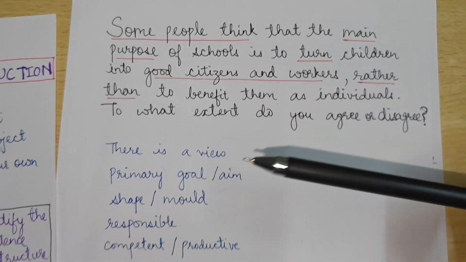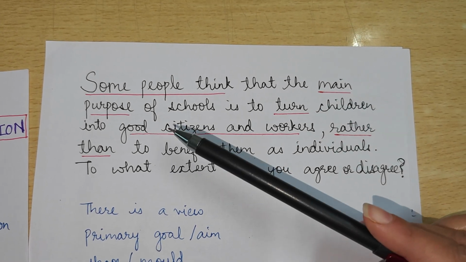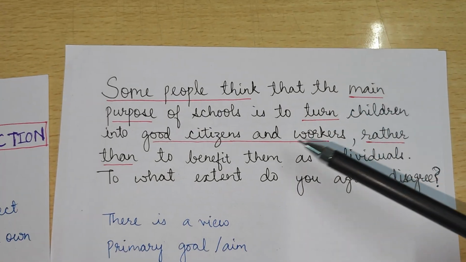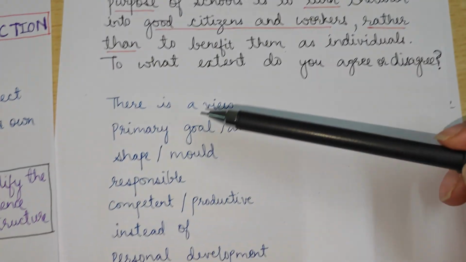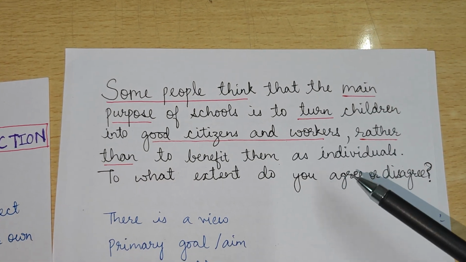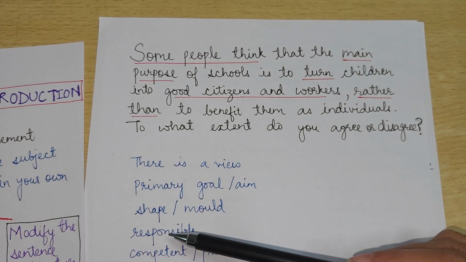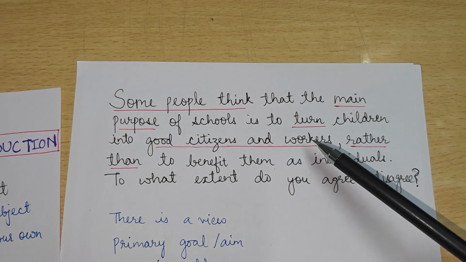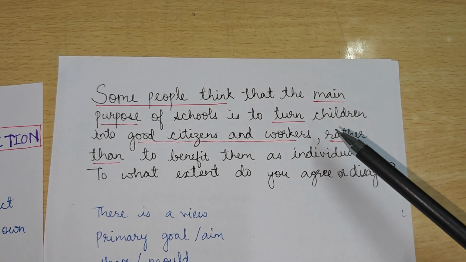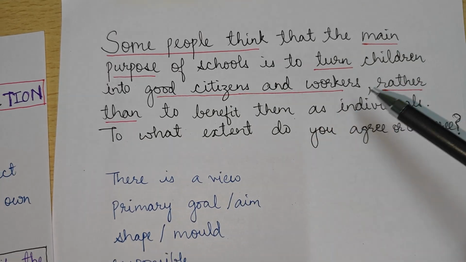So for some people think what we can write is there is a view that the main purpose of school, so for main purpose we can say primary goal or aim, is to turn children. So for turn you can use the word shape or mold, okay, into good citizens and workers. So for good citizens you can use the word responsible, so good responsible citizens, and workers you can say competent or productive workers. Rather than, so for rather than we can say instead of, okay, to benefit them as individuals.